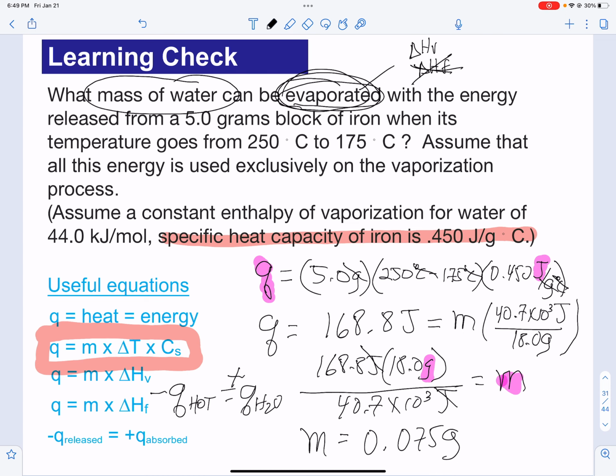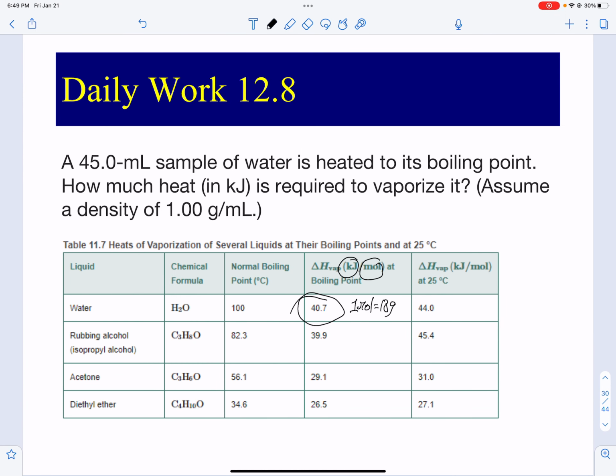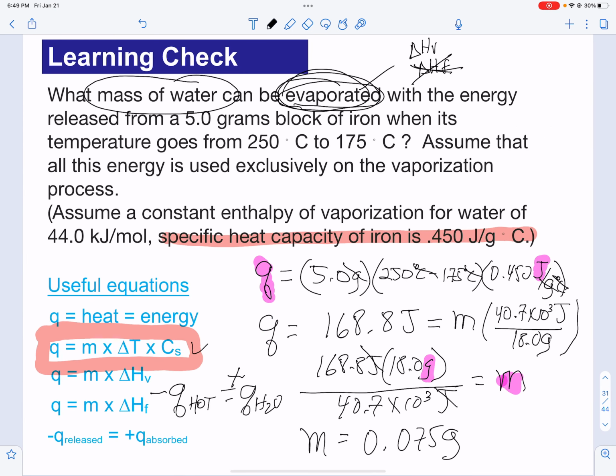And then you already know how to use the formula Q equals the amount times the enthalpy of vaporization or fusion when you have a change of state. So you only use this formula when you have a change of state. You only use the other formula when the temperature is changing.